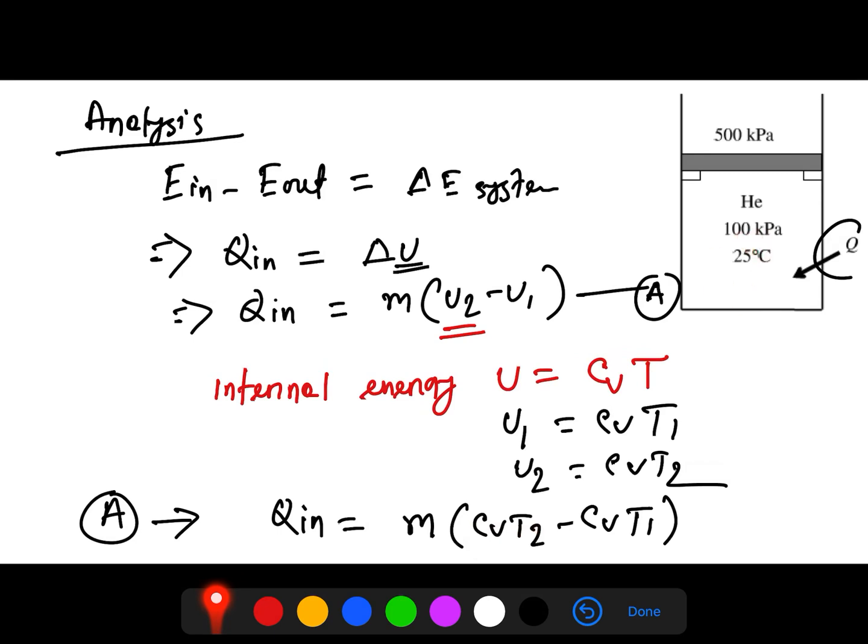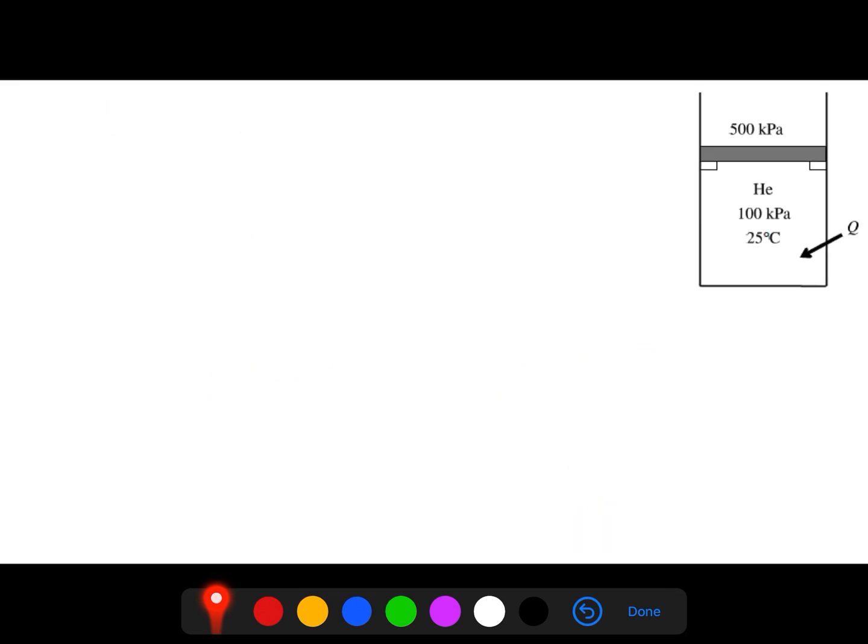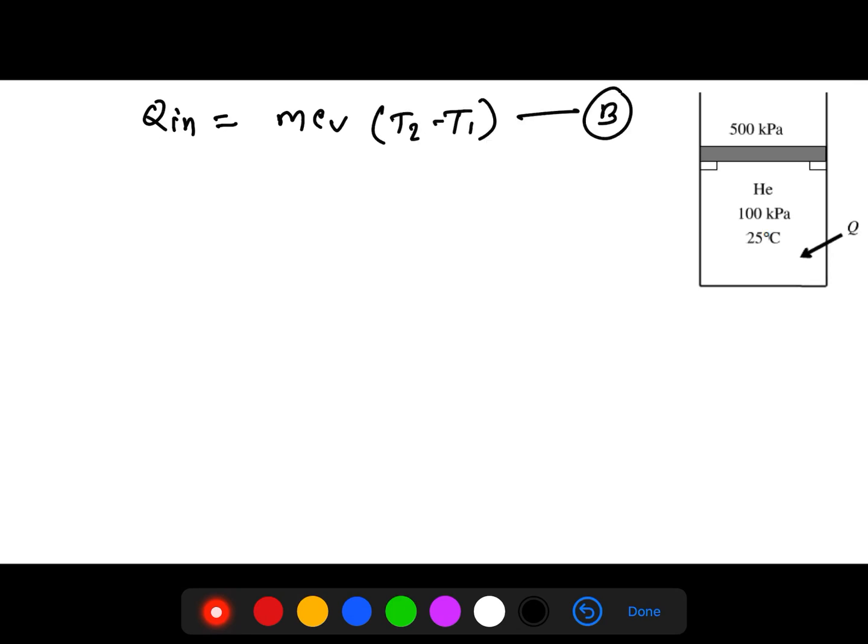T2 actually we don't know. So now, guys, CV is the common term here, so we can make this term common. So Q in equals M CV (T2 minus T1). Let's say this is equation B.